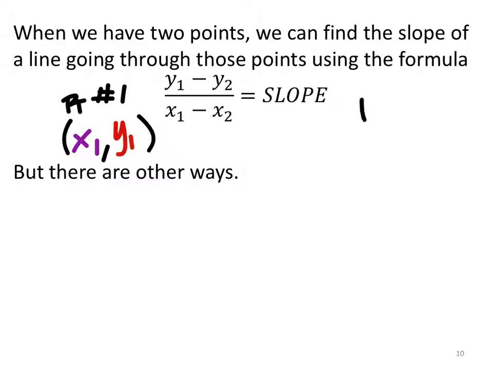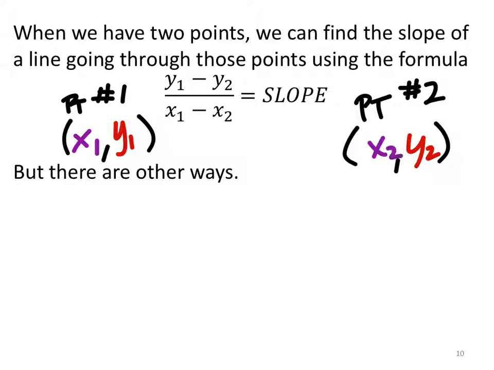And then you'd have point number 2 over here. But now we're looking at a y2 value and an x2 value. So again, we're finding the difference between these two, or the distance between them, which is why in the formula we have subtraction. Then we take the corresponding values, for example, y1 and x1, and subtract the corresponding values.